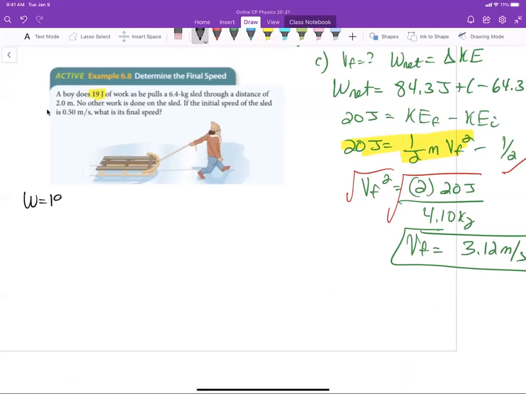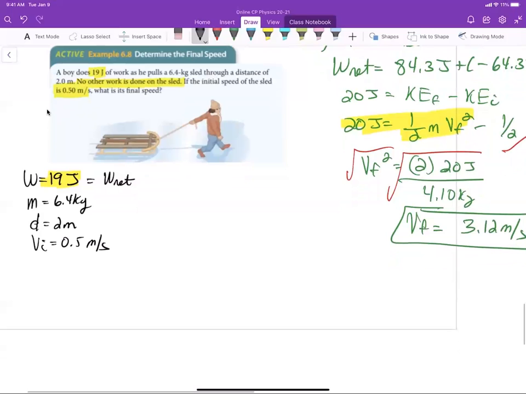He pulls a sled that has a mass of 6.4 kilograms through a distance of 2 meters. No other work was done on the sled. That means that this is equal to the net work because there's no other work. That's the total work. If the initial velocity is 0.5 meters per second, what is the final velocity?